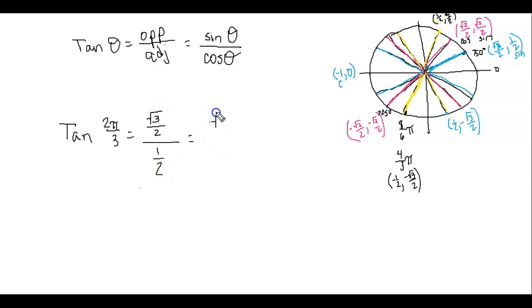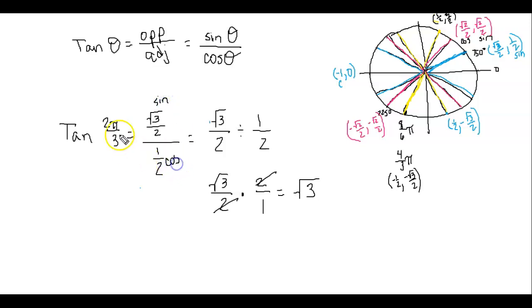So I'm actually going to say, okay, so it's the square root of 3 over 2 divided by 1/2. And when you divide by fractions, remember we keep, change, flip. So this is going to be the square root of 3 over 2 times 2 over 1. So my 2's will cancel out. And the tangent of 2 pi over 3 is just the square root of 3 because it's equal to the sine divided by the cosine of 2 pi over 3.